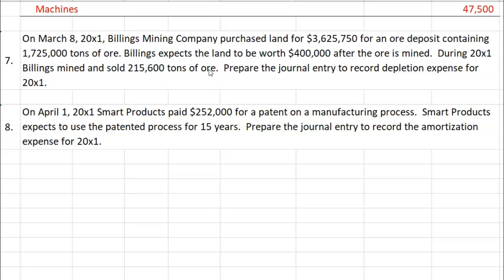During 20X1, Billings mined and sold 215,600 tons of ore. Prepare the journal entry to record depletion expense for 20X1. Go ahead and calculate 20X1 depletion expense, and then write the journal entry to record depletion expense. Then start the video again to check your work.